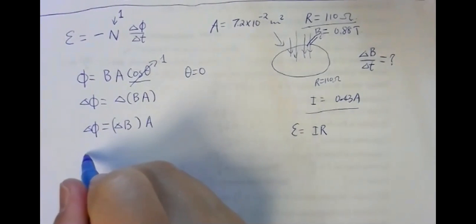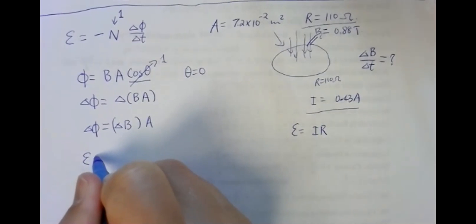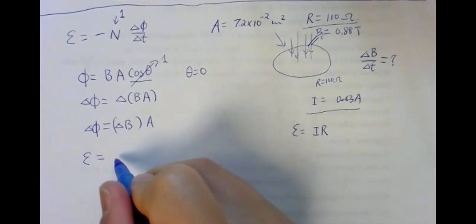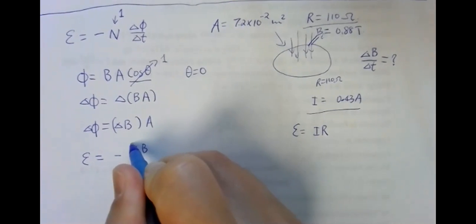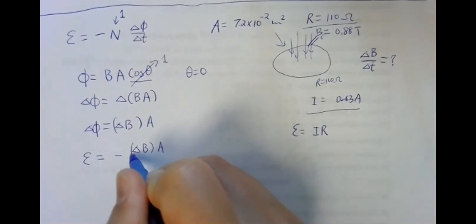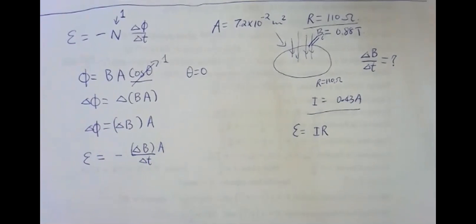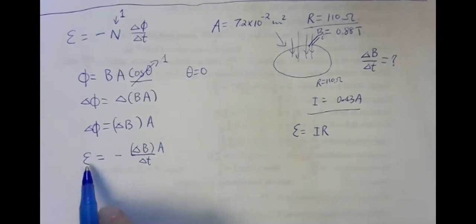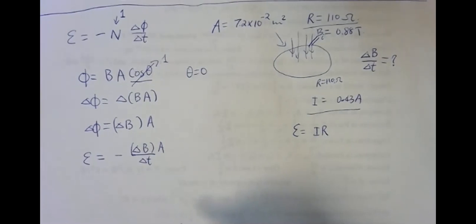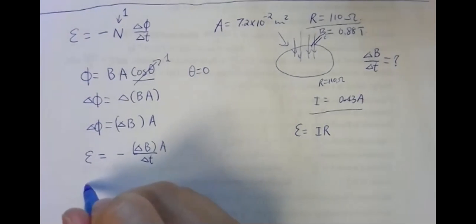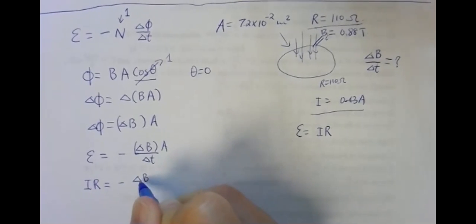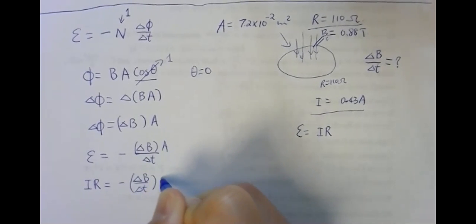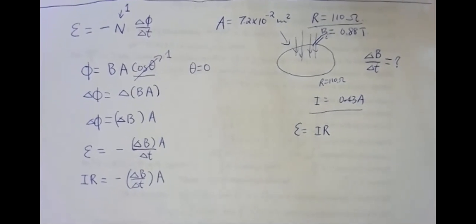So then you can actually write that the induced EMF is minus delta phi, which is delta B times A divided by delta T, okay? And this is equal to I times R. You can calculate that, or you can replace epsilon with I times R. That will be equal to minus delta B over delta T times A, okay?